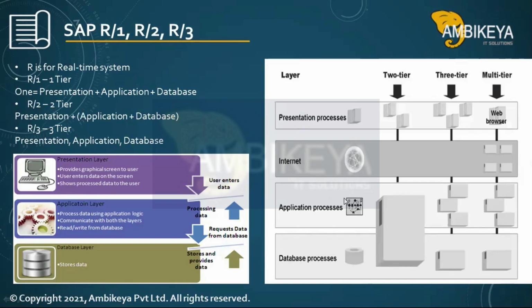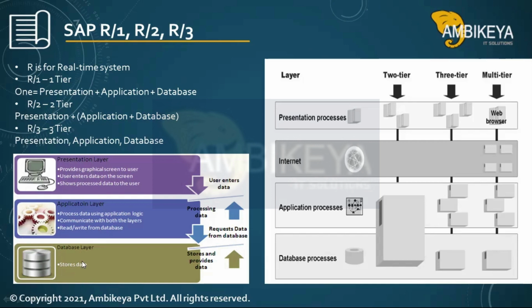Application layer is where the data processing happens, and presentation is how you are going to see the data. The presentation layer provides a graphical screen to the user. The user enters data on the screen and gets the output. In the application layer, actual processing gets started: work processes communicate with each other, then data handling happens, read and write. And then the database holds the actual data.